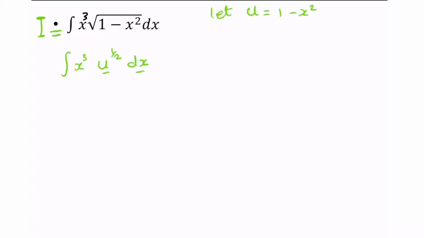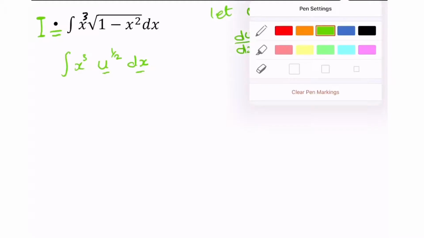So it's important as well to use du over dx, not u dash, yeah? Don't do u prime, because the reason we are doing du over dx is to find dx from it. If you put just u prime, you will forget about the dx and you can't find dx.